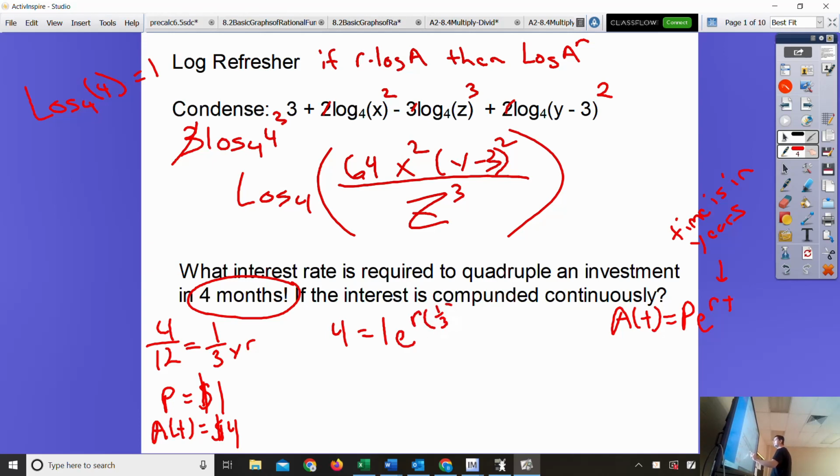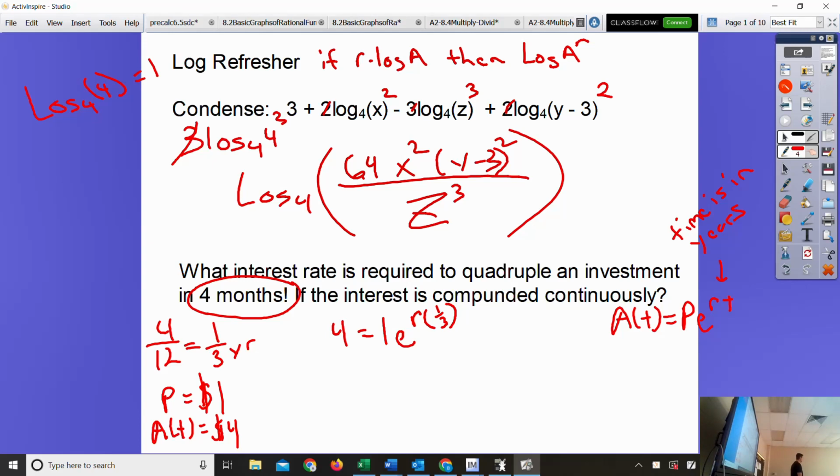You made time a third of a year. What do you want to do with it? Well, that one's correct. What can you turn it into? Turn it into a logarithm. What's its base? E. What's its exponent? A third of R. That's right.